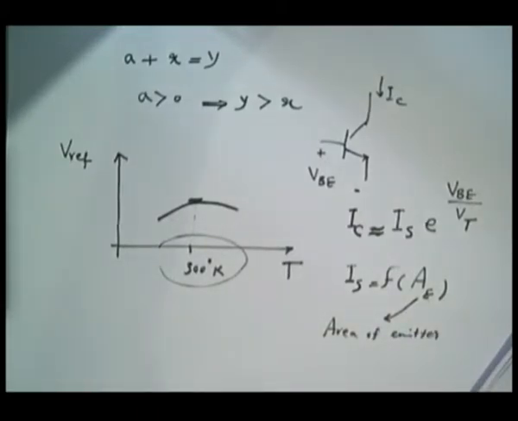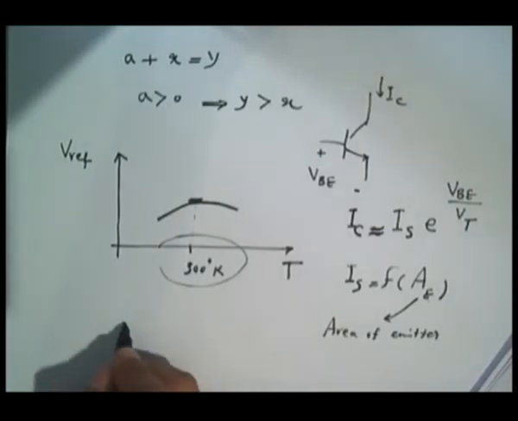Now what happens? Suppose we have two bipolar transistors, and both are conducting the same current. But the area of one of them is n times that of the other. This is similar to the situation which happened in the case of the constant GM current source. We had a loop with a resistor in the loop and there was a difference between these two VSG, source gate voltages, and because of that there was a difference between aspect ratios.